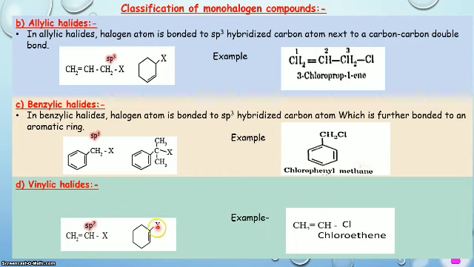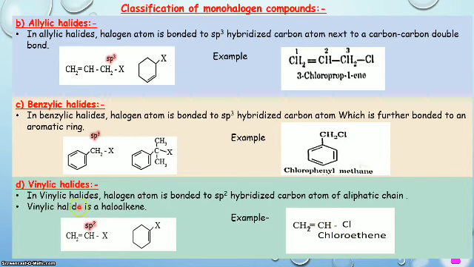Here also halogen is bonded to doubly bonded carbon atom, that is sp2 hybridized carbon atom. Example is chloroethene, in which chlorine is bonded to sp2 hybridized carbon atom. So, in vinylic halide, halogen atom is bonded to sp2 hybridized carbon atom of aliphatic chain. Vinylic halide is a haloalkene.